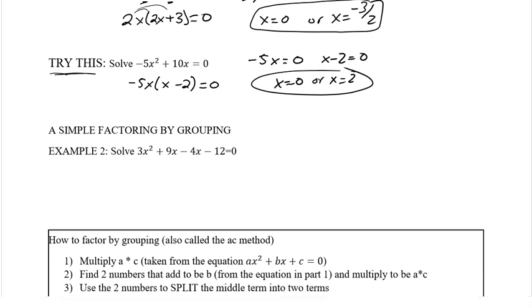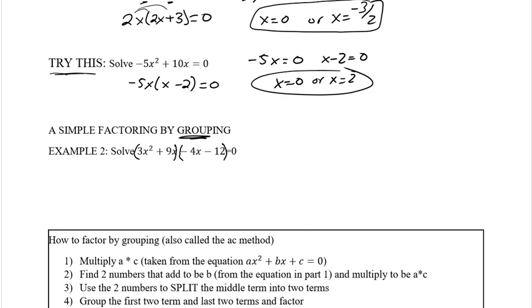I see that I can't pull something out of all of those terms; there's not a common factor that goes into all of them. However, if I group the first two terms and the second two terms, and notice I include the negative sign with the second two terms, there's a reason for that.